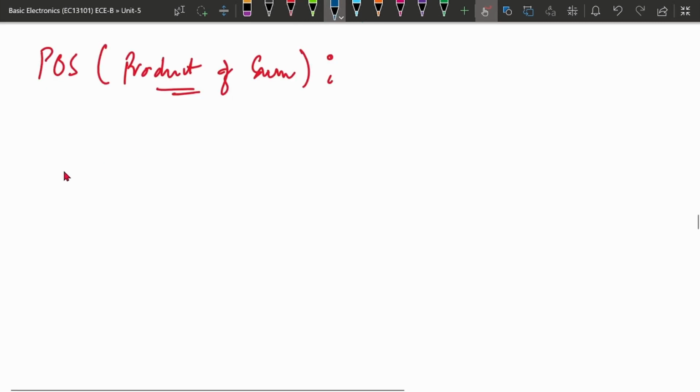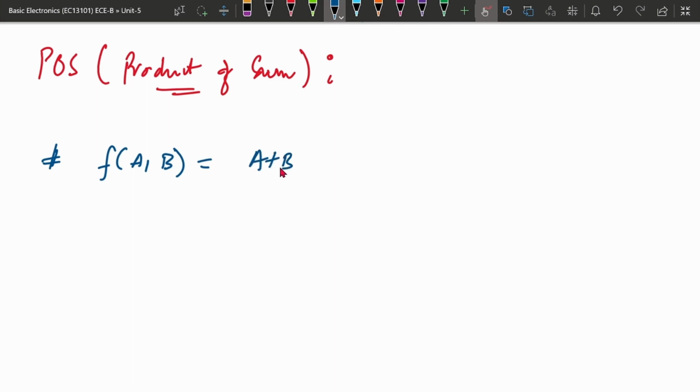Now we will consider the case of product of sum forms also. Just take an example. Suppose a function is defined in terms of two variables: A plus B, A bar plus B bar, A plus B bar.